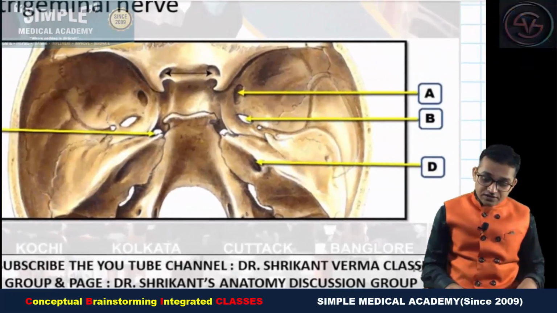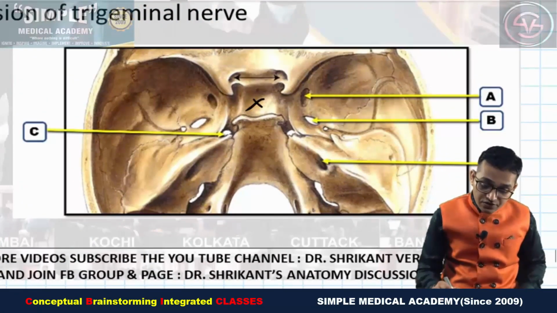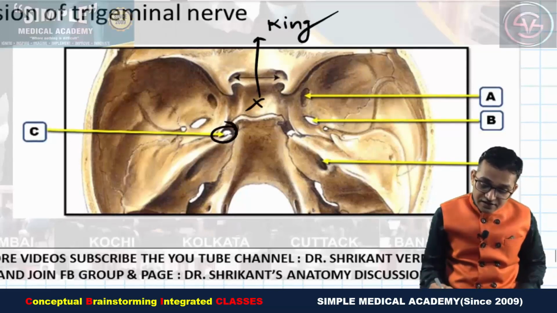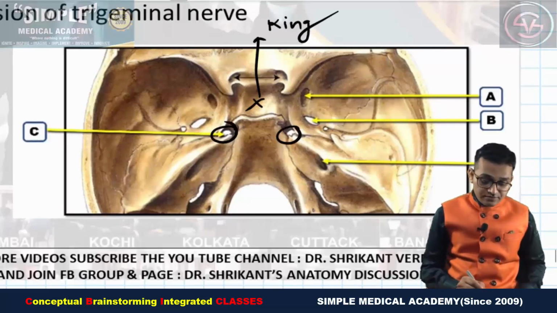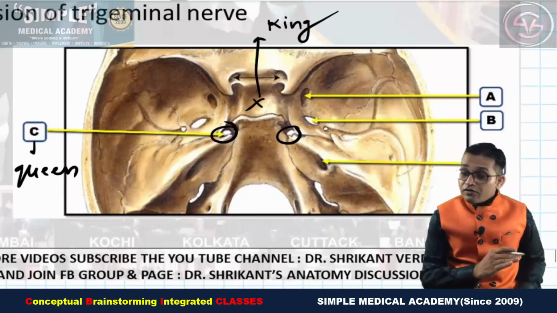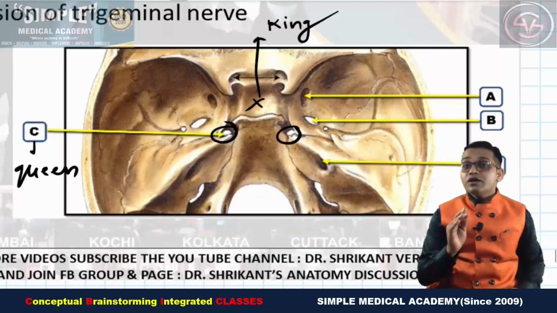So you can see this image. This is the Turkish saddle, where the king, the pituitary gland, sits, and on each side these foramina are the queen, means these are the foramen lacerum, while on the lateral side, as I told you, the king gives rise to the queen.